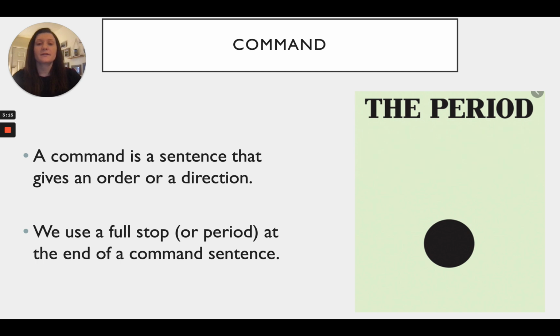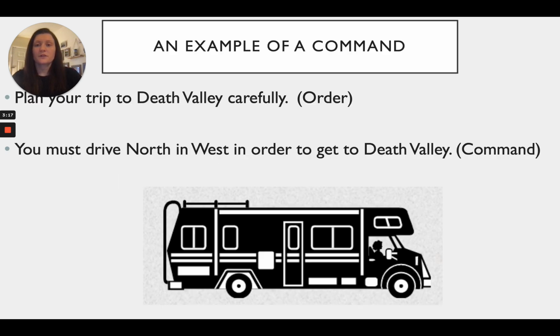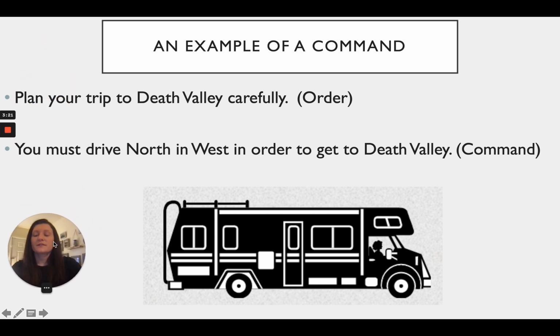So let's look at 2 examples here of sentences that have commands in them. The first one is more of an order. It says, plan your trip to Death Valley carefully. So somebody is ordering us to do this. We need to plan our trip carefully.